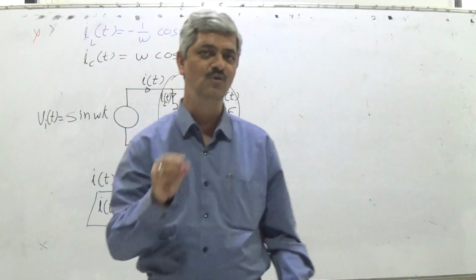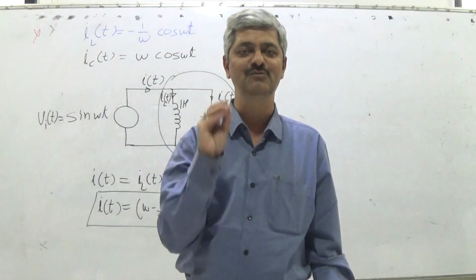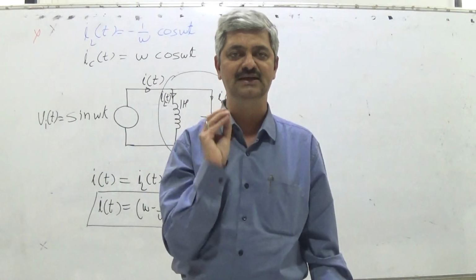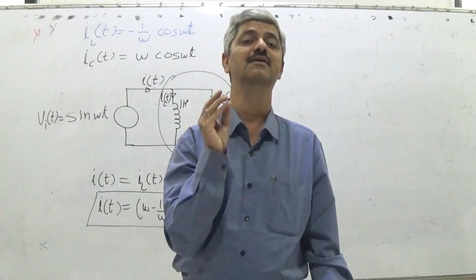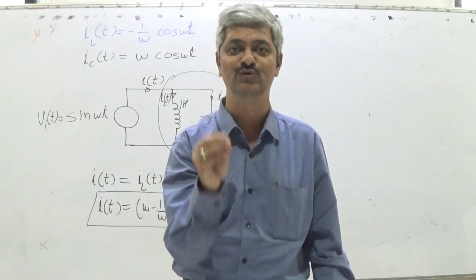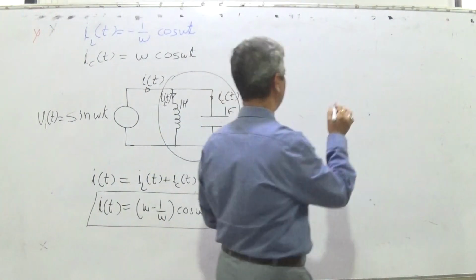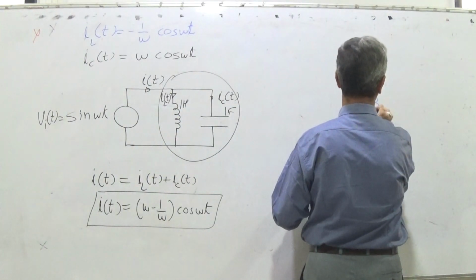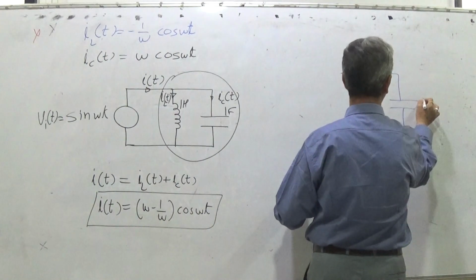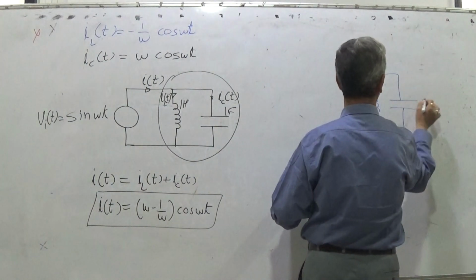The question is, what is the effective impedance of an LC parallel combination? We start with L equal to 1 Henry and C equal to 1 Farad. So this is what we want to find out.